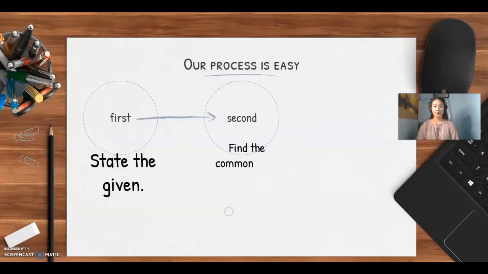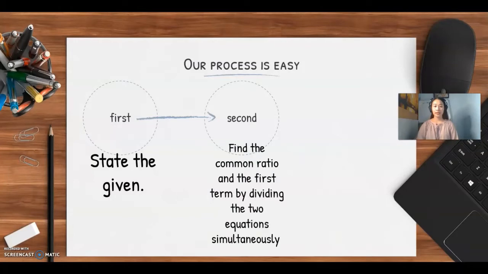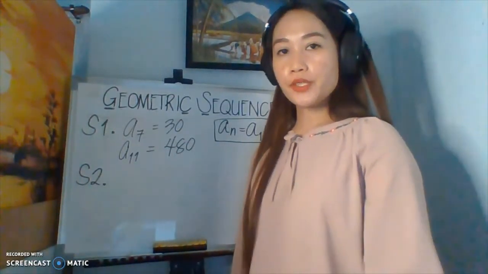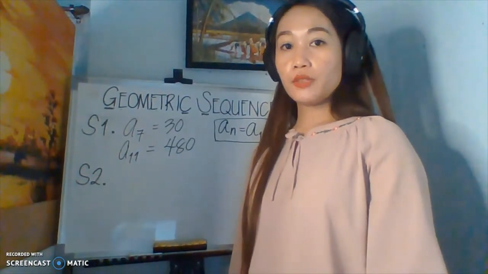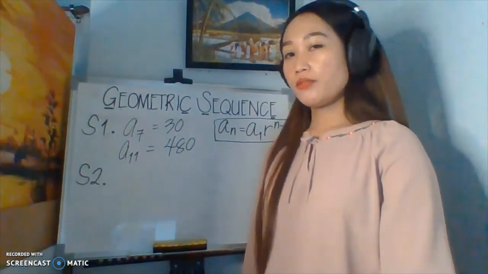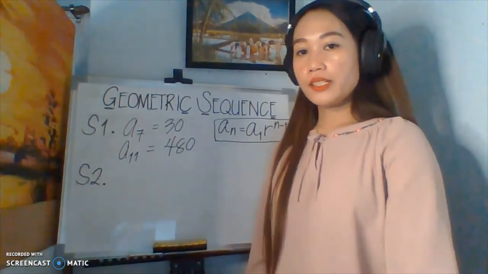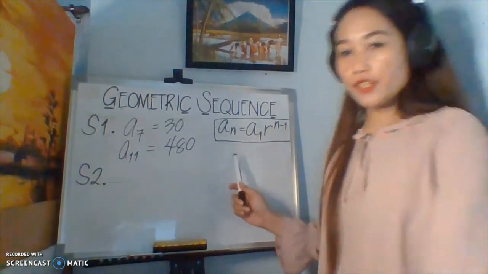Second step, find the common ratio and the first term by dividing the two equations simultaneously. But first, we need those equations. So we are going to use our formula for geometric sequence.